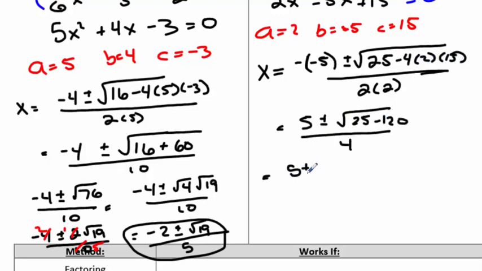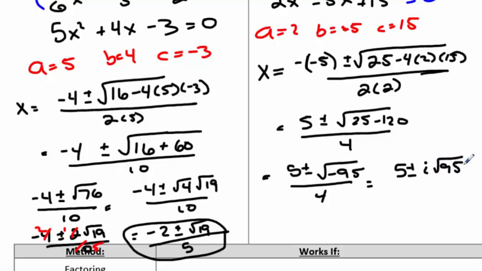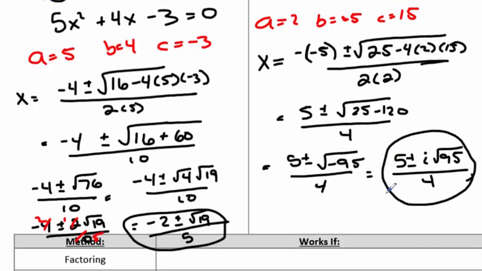So I have 5 plus or minus the square root of negative 95 over 4. There are no perfect squares that go into 95, so I can't pull out anything. It's not a perfect square. But I can pull out the i from the negative 95. So this will be 5 plus or minus i times the square root of positive 95 all over 4. So this equation has two complex solutions.